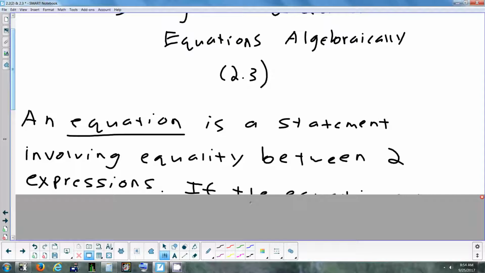So we want to think in terms of even broader. It has to do with when you solve it. What's one thing that could happen when you solve an equation? Conditional. A conditional equation, which means you get exactly one solution. What else could you have besides a conditional equation?